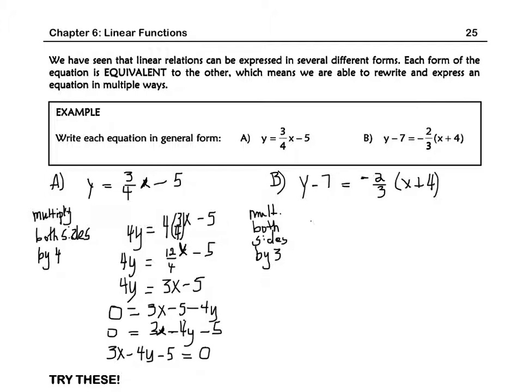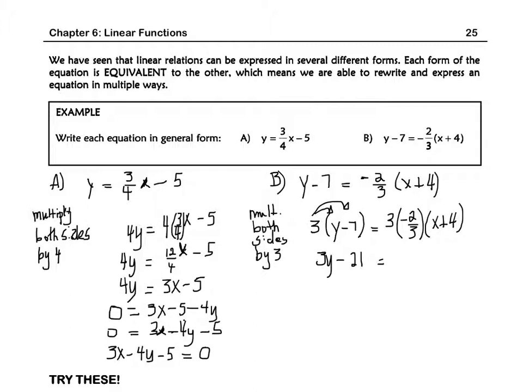So this is going to give you 3 outside of y minus 7 equals 3 times the negative 2/3 times x plus 4. So that's going to give you, with the distributive property, 3y minus 21.